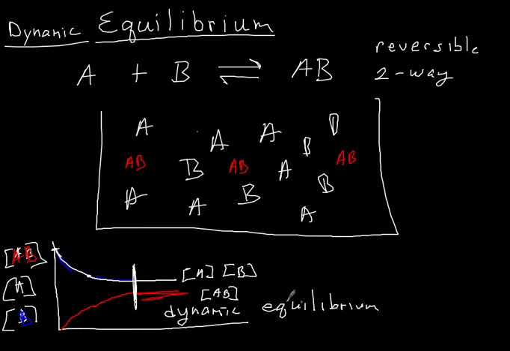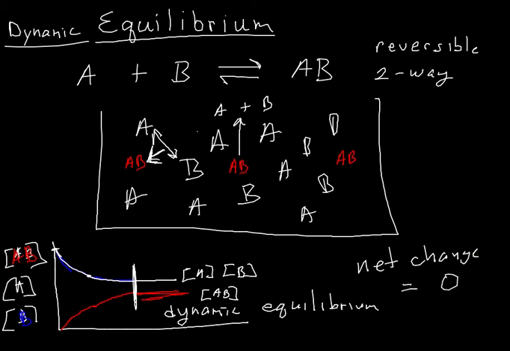Now, at the atomic level, an A molecule can still collide with a B molecule to produce an AB molecule. But every time one of those occurs, it's occurring at the same rate as an AB molecule splitting back into A plus B. So the net change is equal to 0. There is no more net change in the concentrations at dynamic equilibrium.